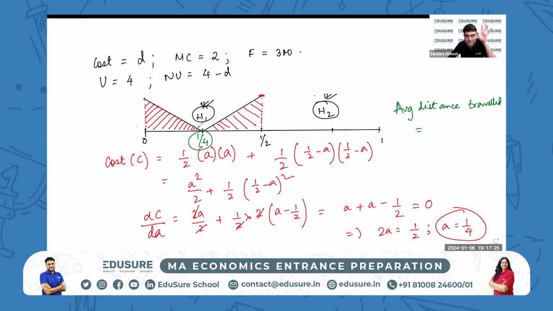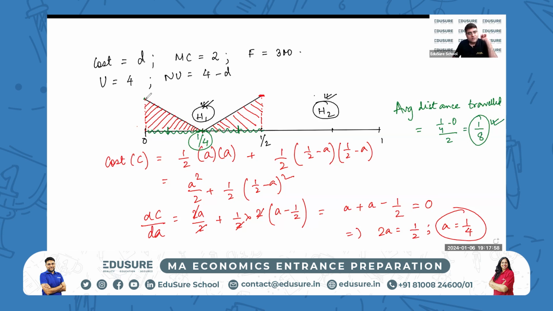So the average travel cost from 0 to 1 by 4 is 1 by 8, because all the individuals are uniformly located. So the mean travel cost will be the midpoint. The mean travel cost of an individual is basically 1 by 8.